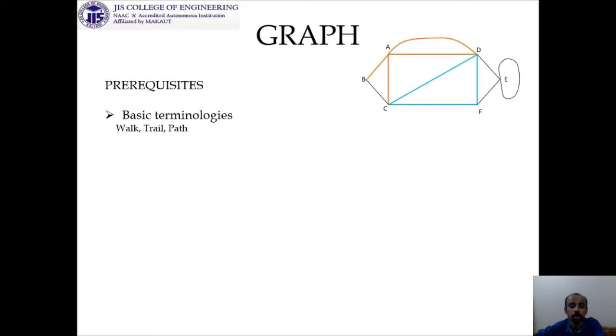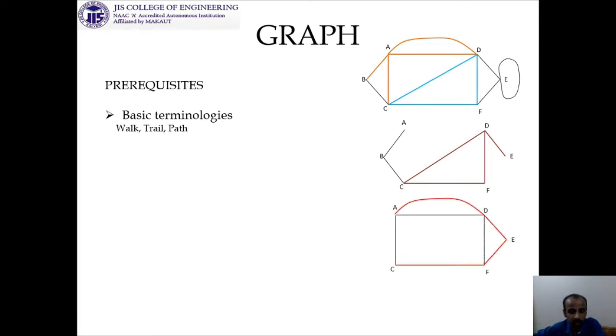We are going to show this with some examples, and we are also getting some more graphs for the example purpose. Then we come to trail, and in this trail it is not allowed to repeat any edge. Next we have path, and in this case the sequence is not allowed any repetition of vertices as well as edges.